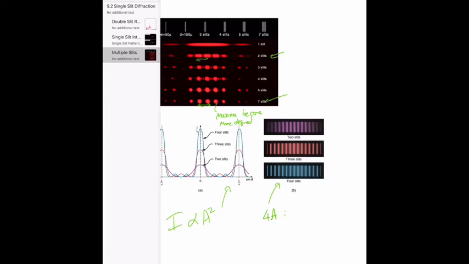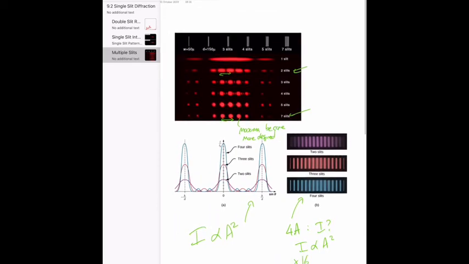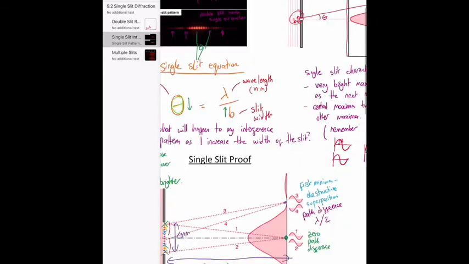What does that mean for the intensity? Again, if intensity is proportional to amplitude squared, my intensity will have gone up by a factor of 16. So you can see 5 slits is going to go up by a factor of 25, and so on. One more question before I leave you.